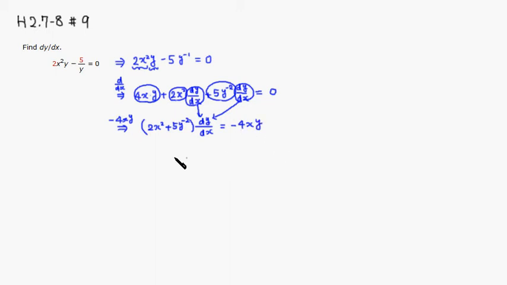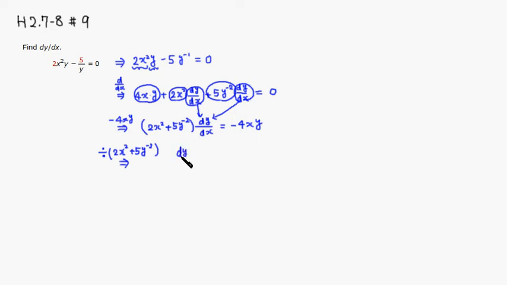Then we can simply divide through by the quantity 2x squared plus 5y to the -2. That way we can isolate dy over dx.